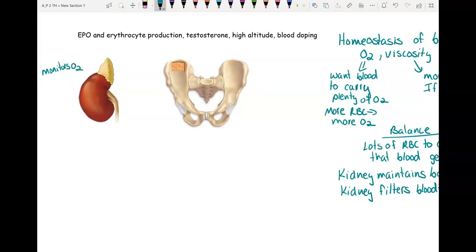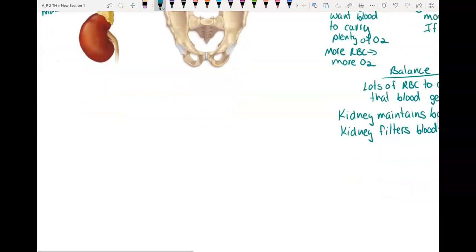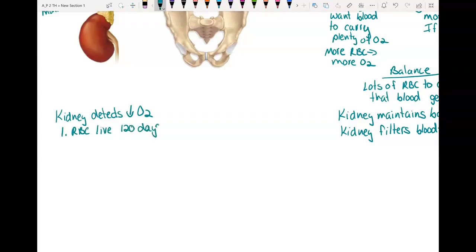If it notices that oxygen has dropped, so if your kidney detects a drop in oxygen, let's see what could cause oxygen to drop. So for one, red blood cells don't live forever. They live about 121 days and then they die. So whenever you have red blood cells dying, your oxygen level goes down.